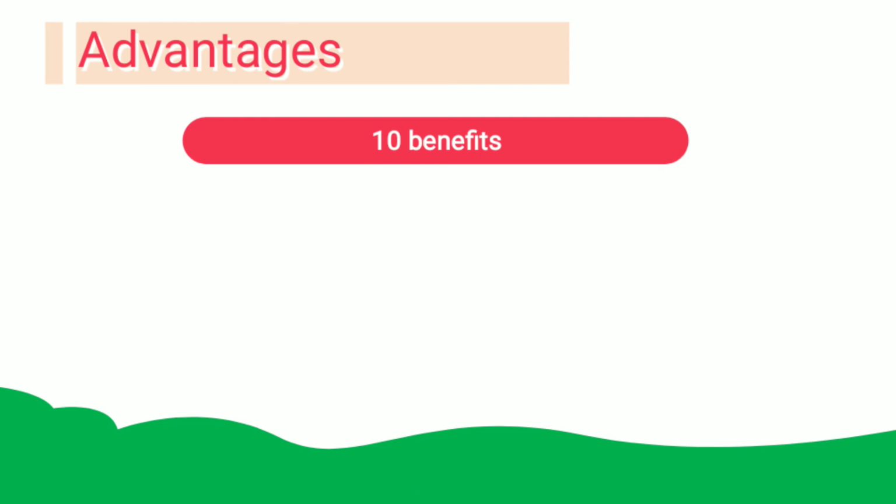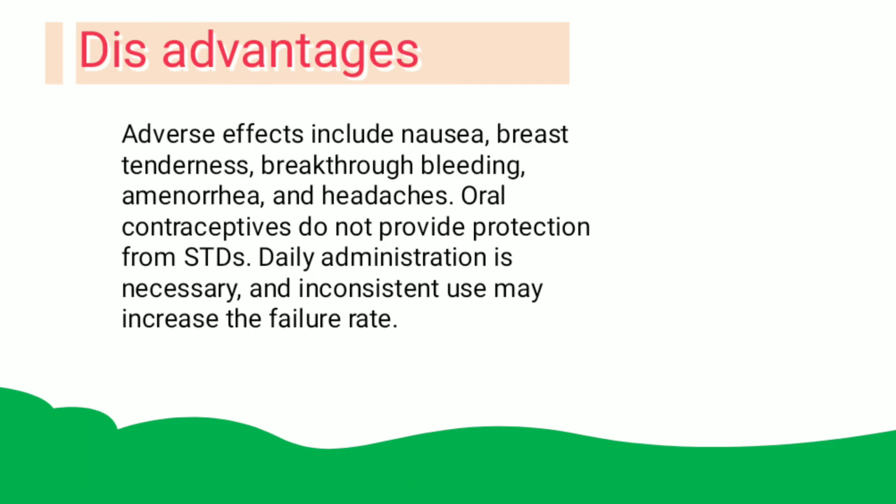So, those are the benefits or advantages of using contraceptives. Next, the disadvantages. This is just short information about the disadvantages of using contraceptives, but you can also search more about it.